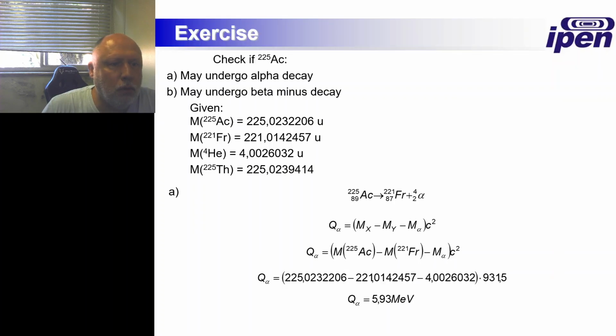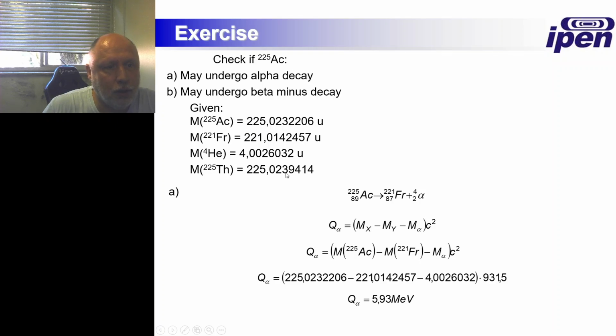Now, oh, I didn't do the second part, I'll leave you to do it. For beta minus, it will come from here to here, and you have the electron masses there. But remember, for beta minus, the electron mass does not appear, right? So it will be this minus this.